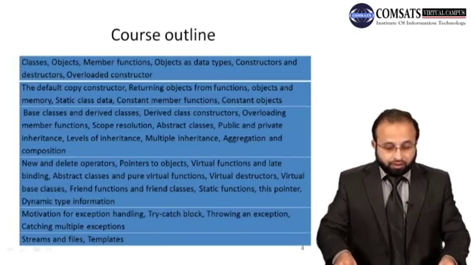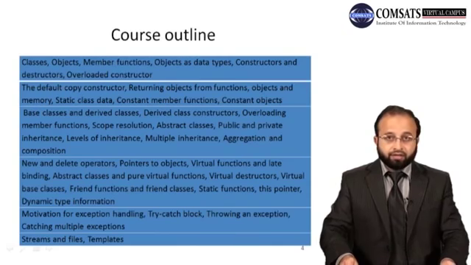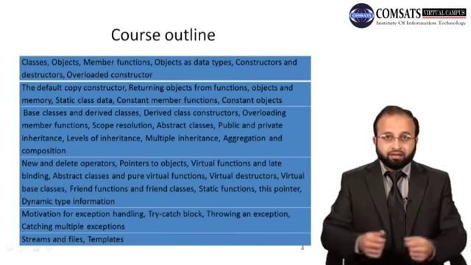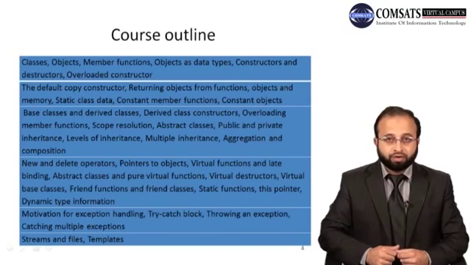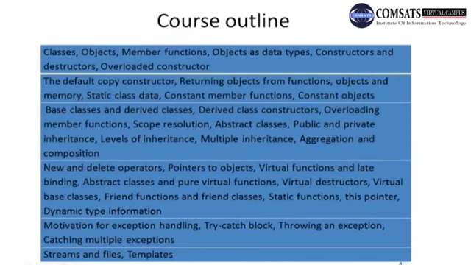Let's see the course outline. We will see first what is a class, object, and member function of a class, constructor, destructor. So basically the main concepts of object-oriented programming are class, object, encapsulation, polymorphism, and inheritance, and these are basically the sub-concepts that lie inside these big concepts, right?